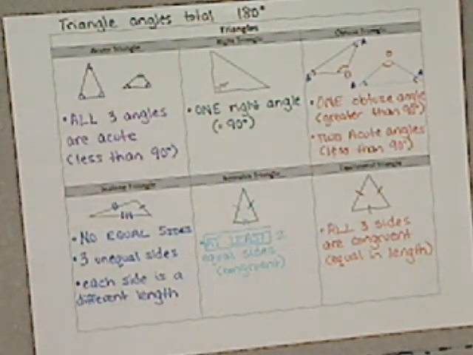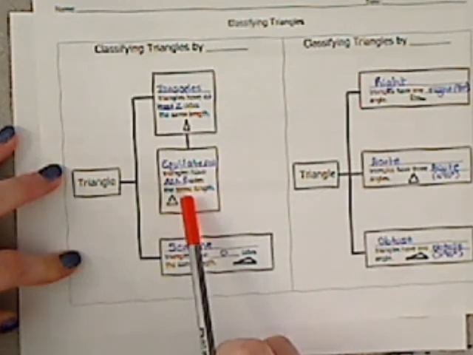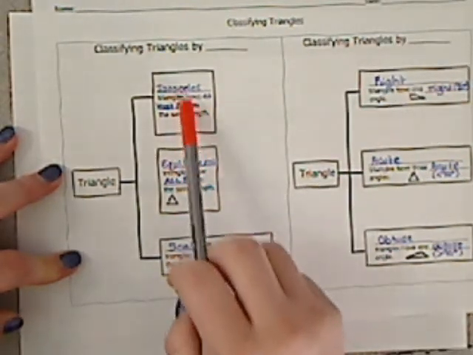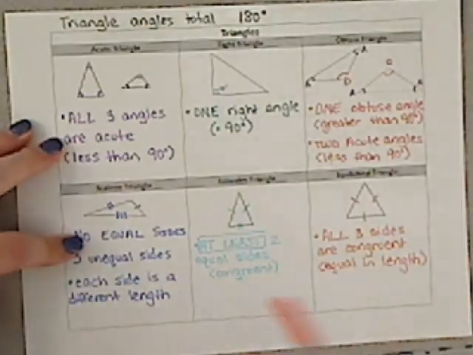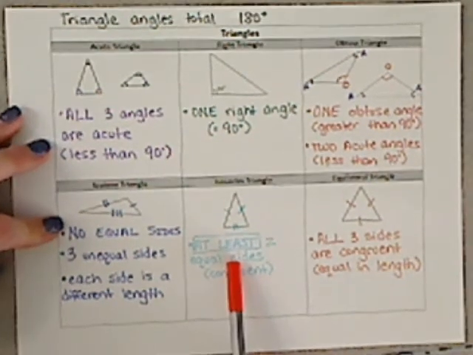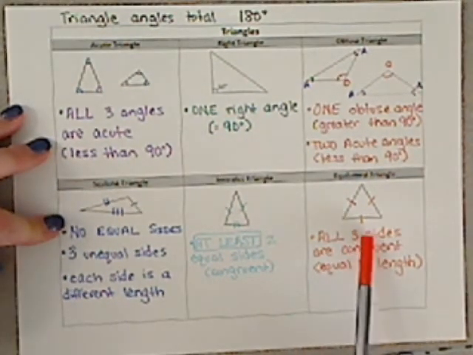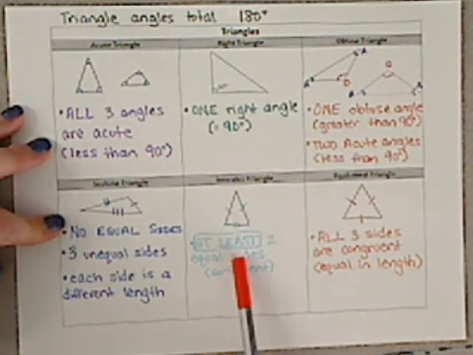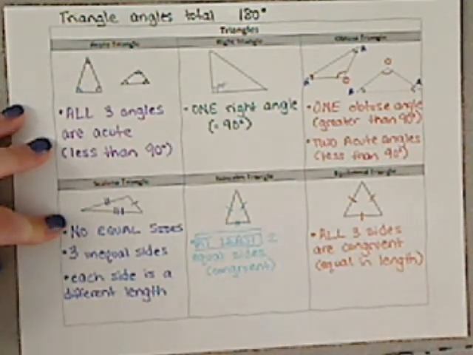Now, here's the deal. If you remember back to these notes, we saw that an equilateral triangle is connected to isosceles. And this is where that "at least 2 equal sides" comes into play. Because an equilateral triangle is always an isosceles, but an isosceles is not always an equilateral.